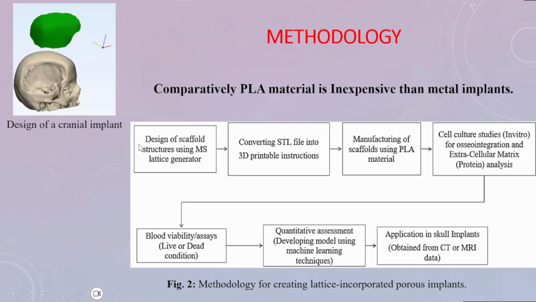First we designed our scaffolds using this MS lattice generator, which I mentioned in the previous slides. Then we converted this file into 3D printable sections, and we printed the scaffolds using PLA. We studied cell culture in vitro, and we studied extracellular matrix protein absorption on those implants.